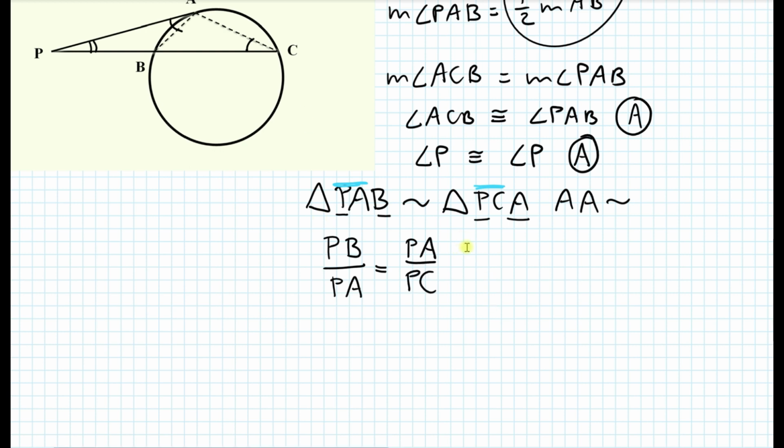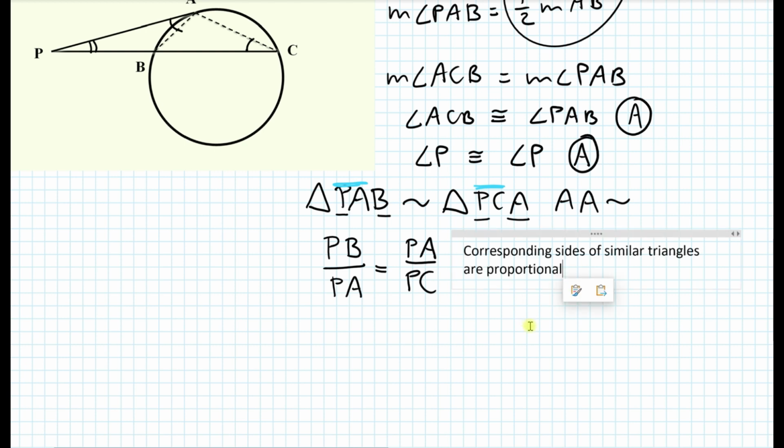So what is the reason for that? Well, it's simply the following. Corresponding sides of similar triangles are proportional. Okay, now that we have developed the proportion due to the similarity, all we need to do is cross multiply. And here we have PA squared is equal to PB times PC.